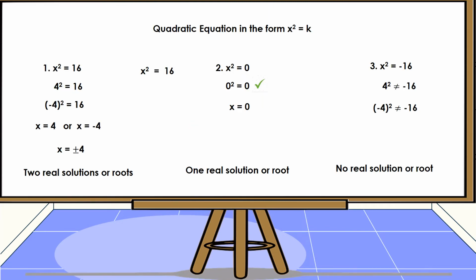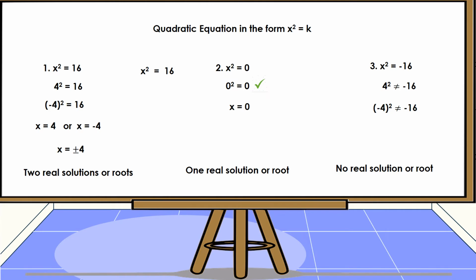Let's study the quadratic equation in the form x squared is equal to k. The only given here are the quadratic term and the constant term. Let's look at example number 1. x squared is equal to 16. What do you think are the values of x which, when replaced in x, will give us 16?